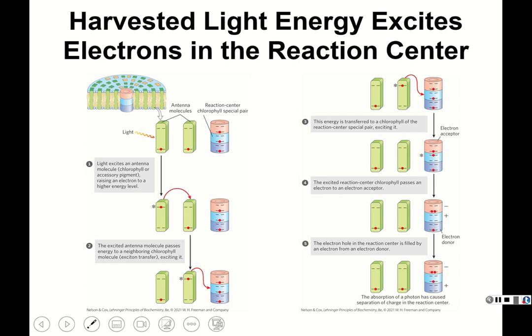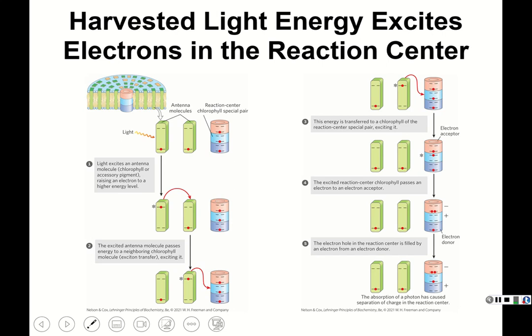And if these antenna molecules weren't so close together, what that would look like is by dropping back down, this electron would give off a photon of light, right? So that'd be like fluorescence, okay? They're so close that you don't actually get that release of light. Right?